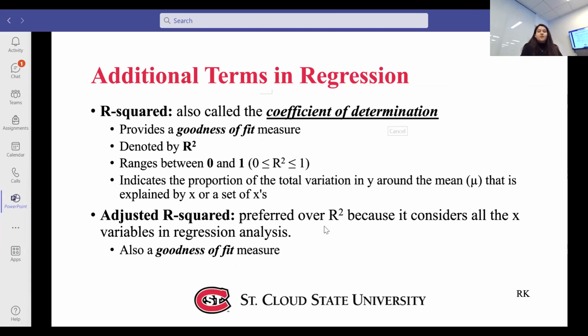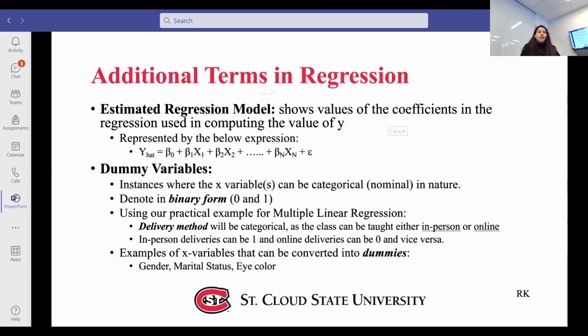This one is preferred over R squared because it considers all the X variables in the regression analysis. So this will give us a better output of our observation. And we have the estimated regression model, which we described earlier. This is the equation that we use to describe the relationship between independent and dependent variables.